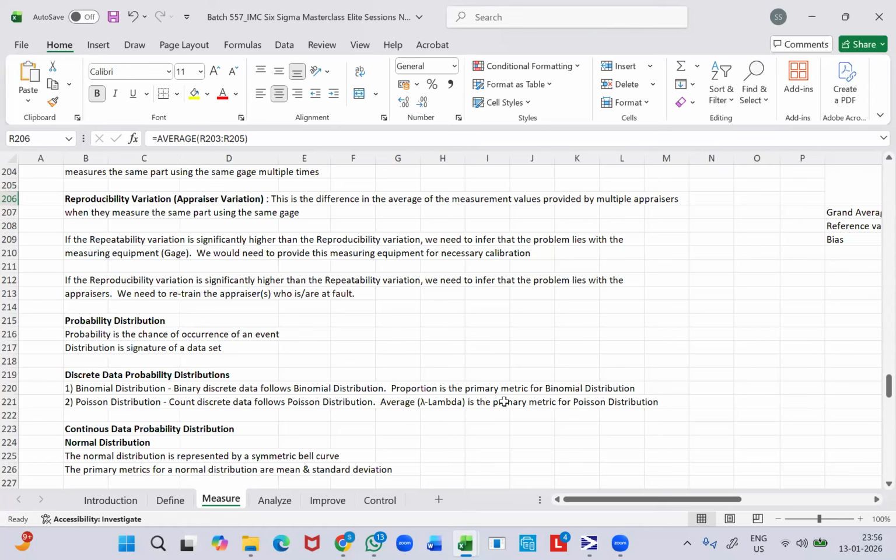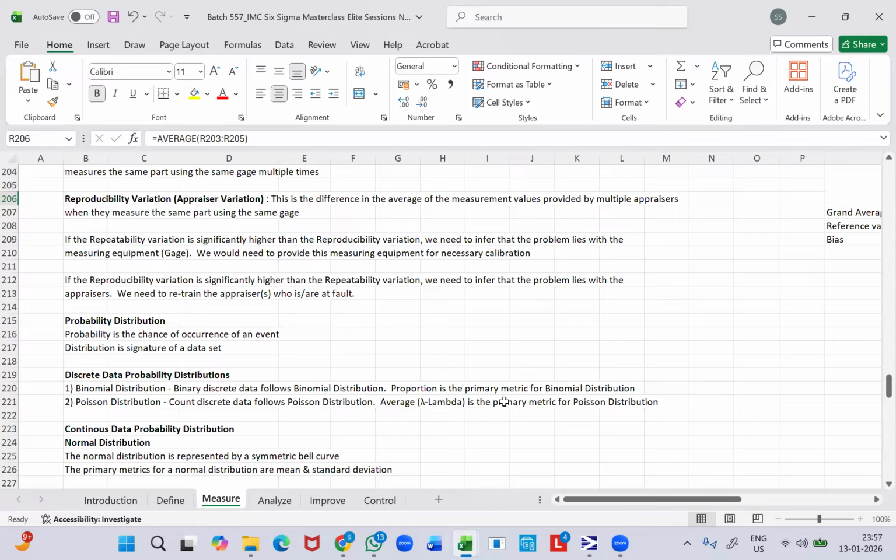But then for continuous data probability distributions, we are going to look at a famous distribution called normal distribution. Normal is the most famous continuous data probability distribution, but we have a host of others as well: Weibull, exponential, uniform, Erlang, Pareto, log normal, and many other continuous data distributions.